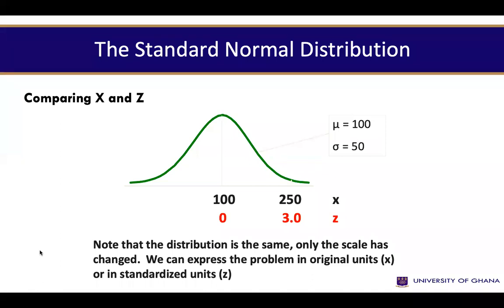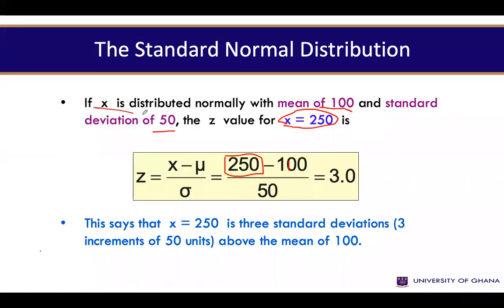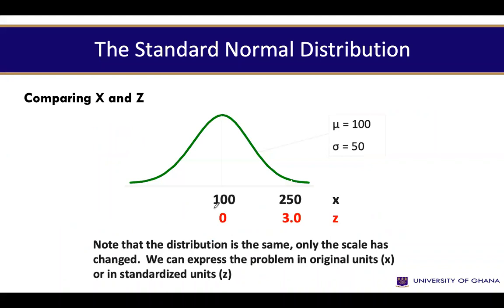So in this question, x was normally distributed with a mean of 100 and a standard deviation of 50, and we now have a standardized distribution that has a mean of 0 and a standard deviation of 1, and the position of x equal to 250 is the same as the position of z equal to 3.